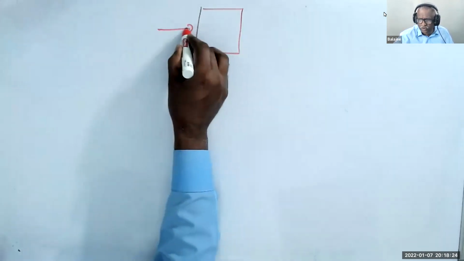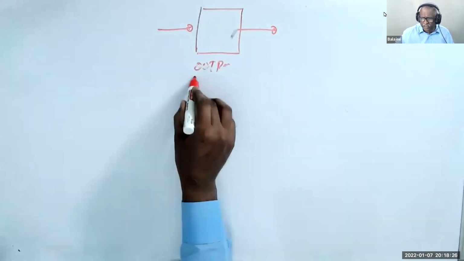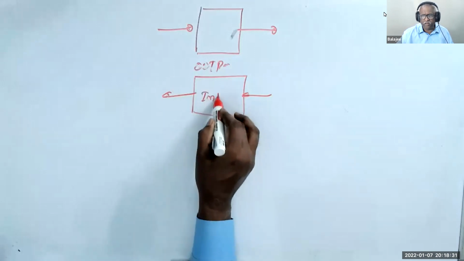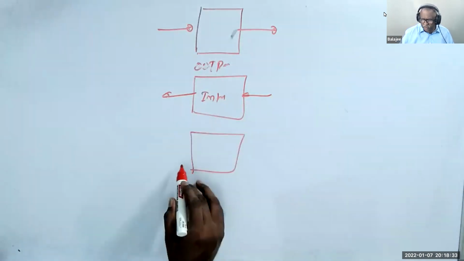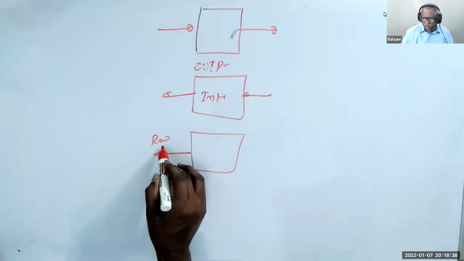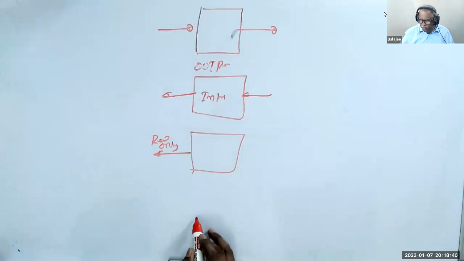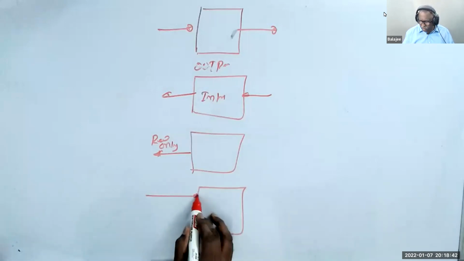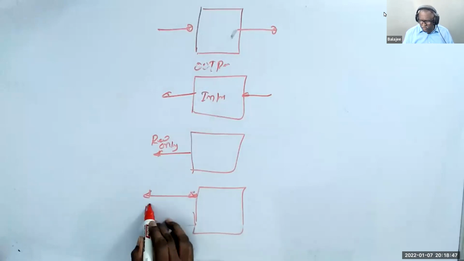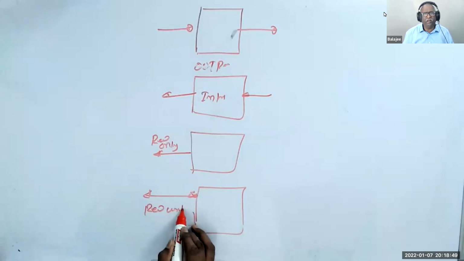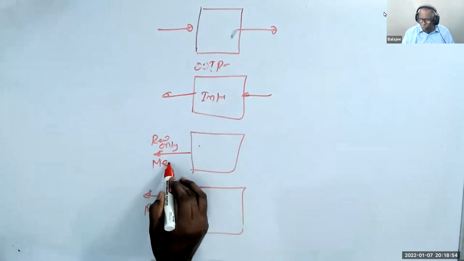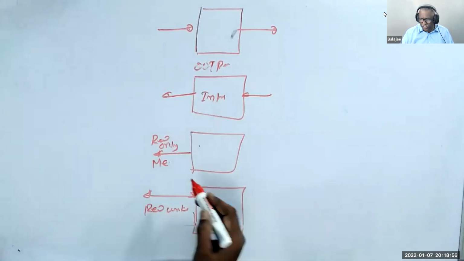It gets in, gets out. The second component is input. The third component is read only. The fourth component is read write. These two are called memory because they are not outputting anything, they are not inputting anything, they only remember inside.